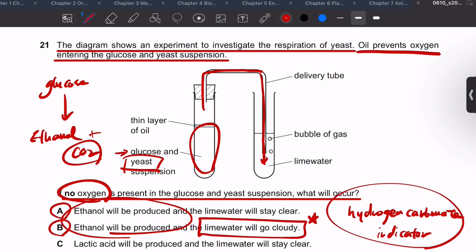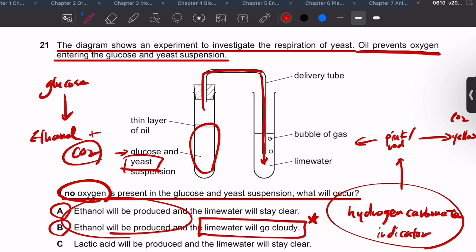The hydrogen carbonate indicator is initially kind of reddish, like pink or red color. And if there's much CO2 present, it changes into yellow color.